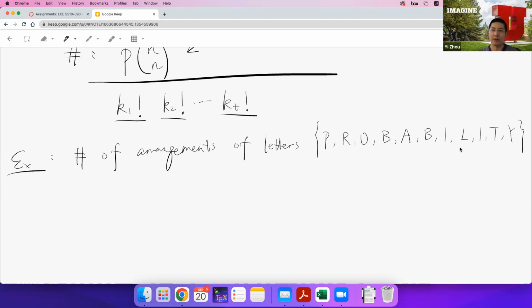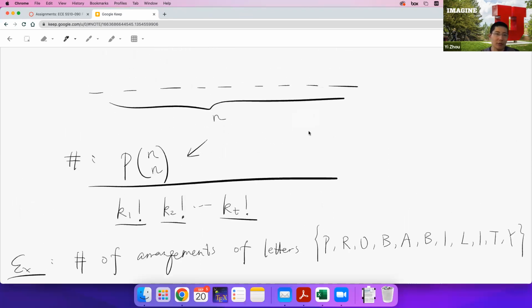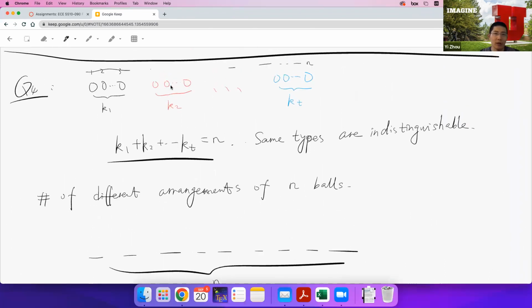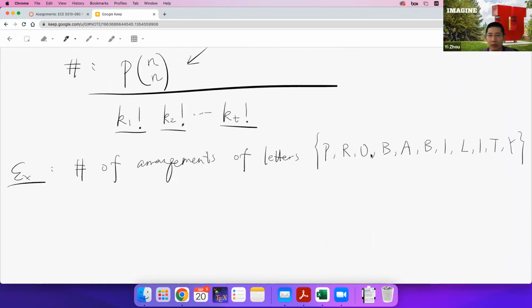Okay, these letters are carried from probability, and each different letter can be understood as a ball of a different color, right? And so here we have some letters that are repeated. We have 2 Bs, 2 Is, and the rest of the letters, I think they just have one of each.